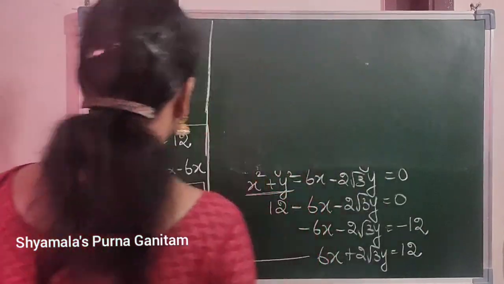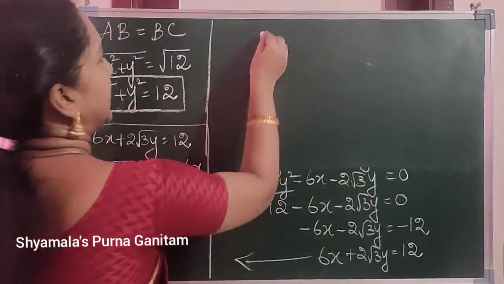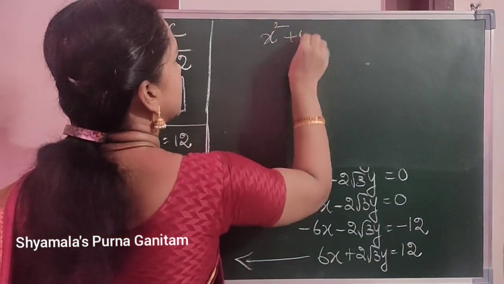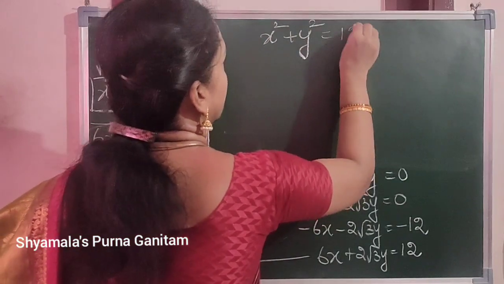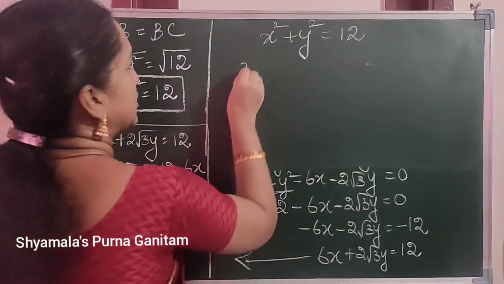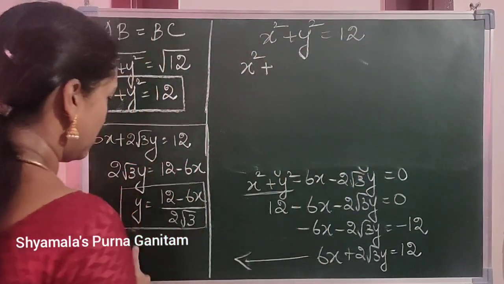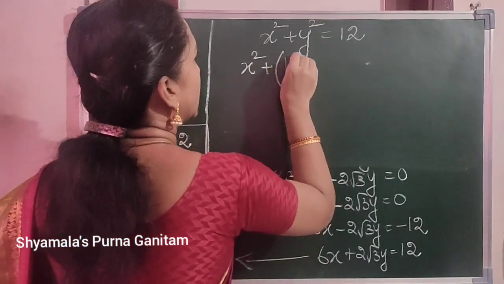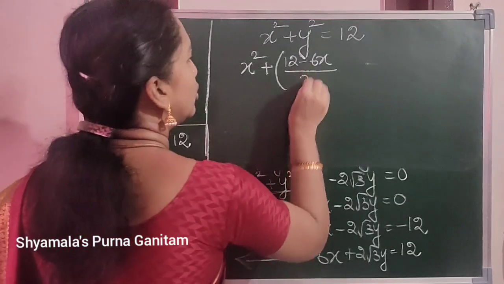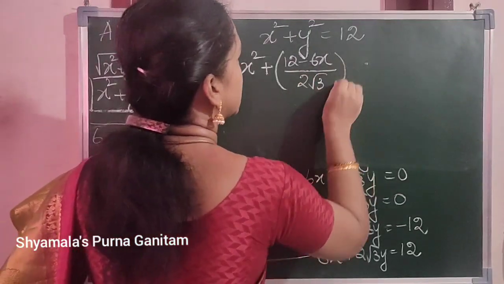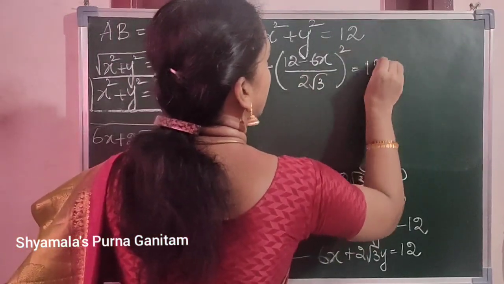So I am taking x² + y² = 12. So x² + ((12 − 6x) / (2√3))² = 12.